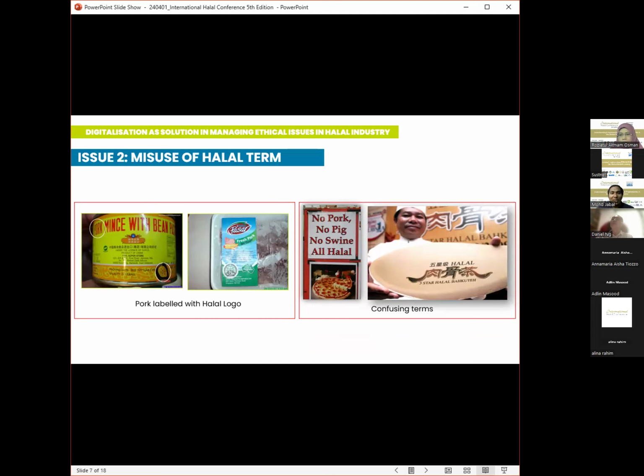As you can see here, some people don't put halal, but they put no pork, no pig, no swine. Or they put an emblem related to Muslims, like a mosque dome. They put an Islamic name or Islamic decoration just to attract Muslim consumers.